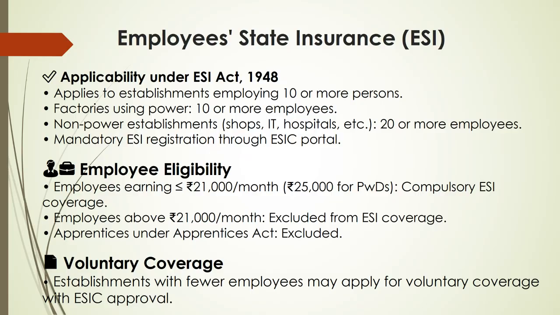Then we were mentioning 21,000 as the limit. In PF it was 15,000 rupees. In ESI, 21,000 is the limit for opting out from ESIC coverage. Even if you have fewer than 10, you can have voluntary coverage under ESI provisions. So this is what the ESI provisions are all about.